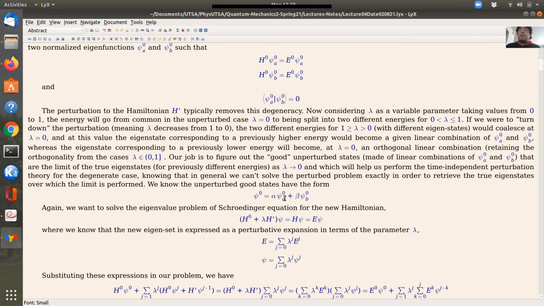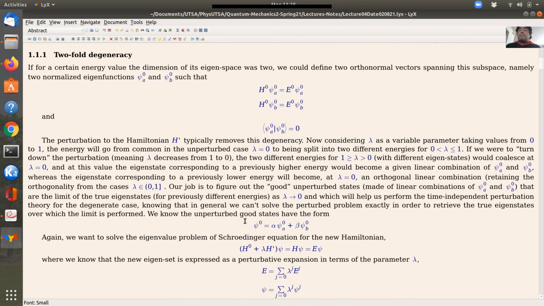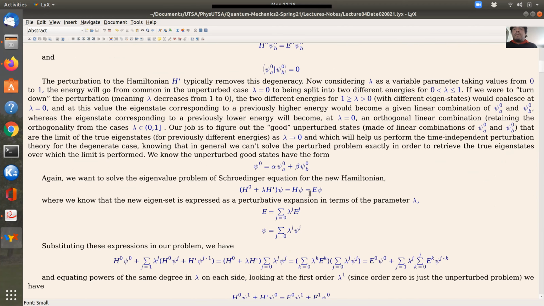But what we know is that this limit we want to find, the good states in the unperturbed case with lambda equal to 0, are linear combinations of phi 0a and phi 0b. So it will be a linear combination of the bases that we have.